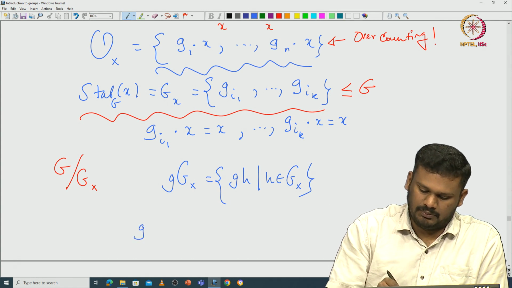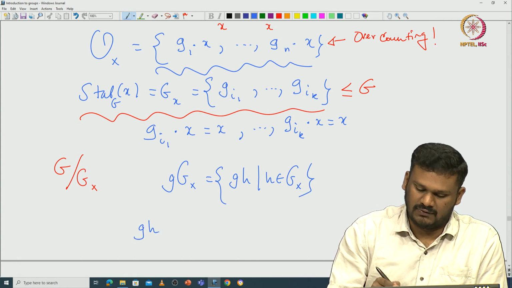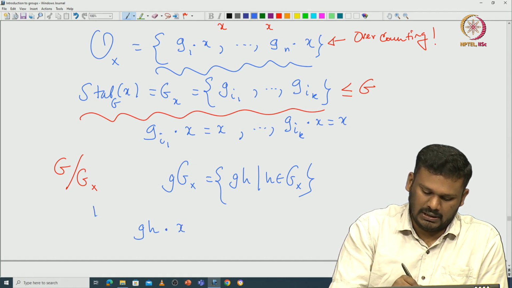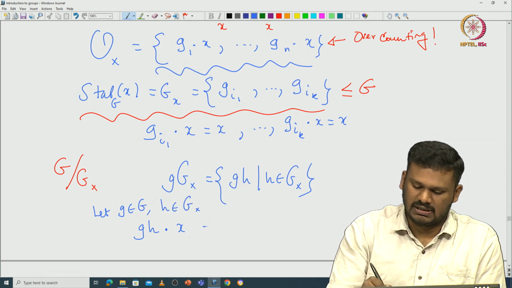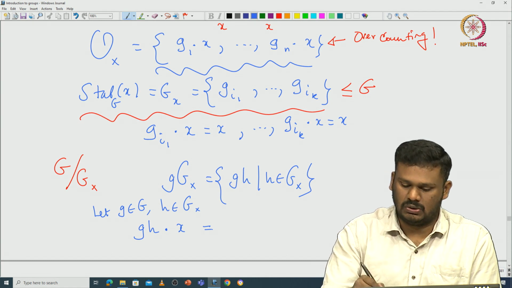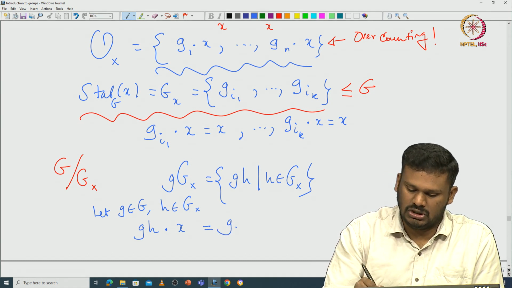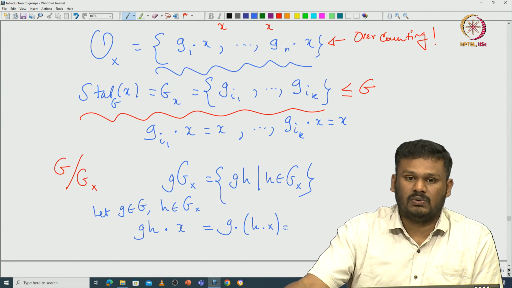Now take some typical element gh from this coset and apply it on x. Let g in G and h in Gx. Look at this g dot h dot x. What happens to this? This is exactly g dot (h dot x), but h dot x is what?